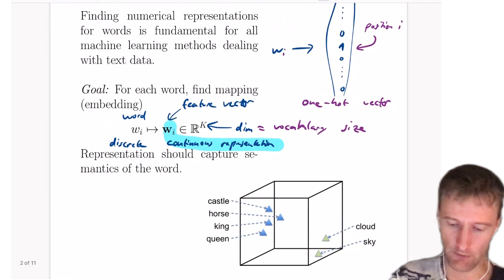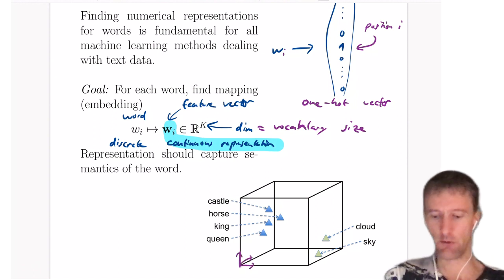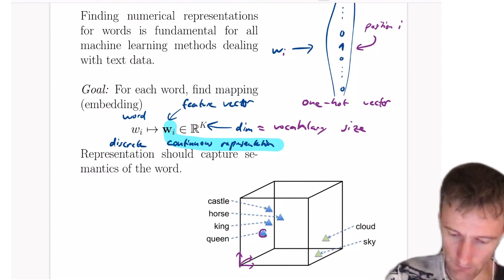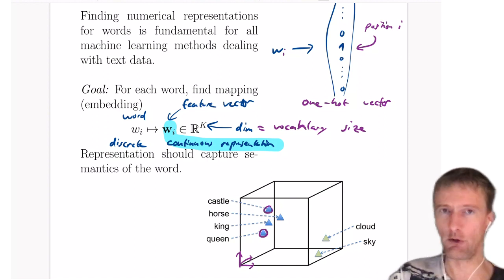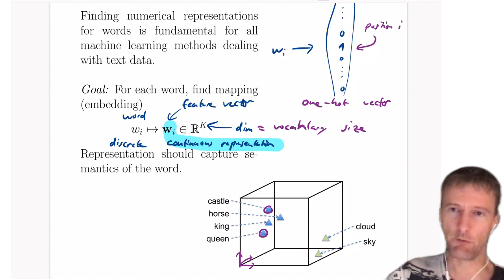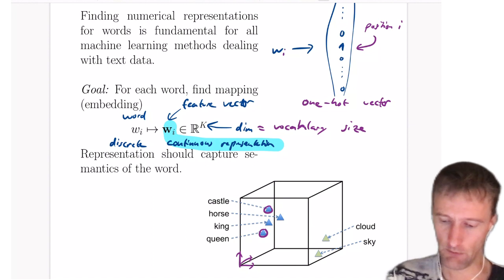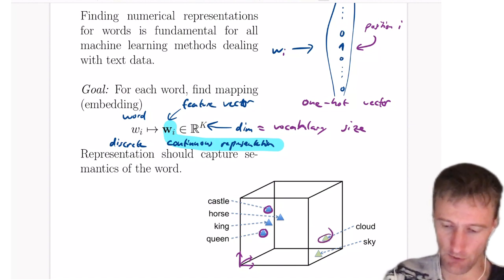Here is a space which you would like to have. This is of course just an ideal picture. You have 3 or 10 dimensions, and you hope that related words are represented by vectors which are close together in this space, and objects which are not related should be far from each other.